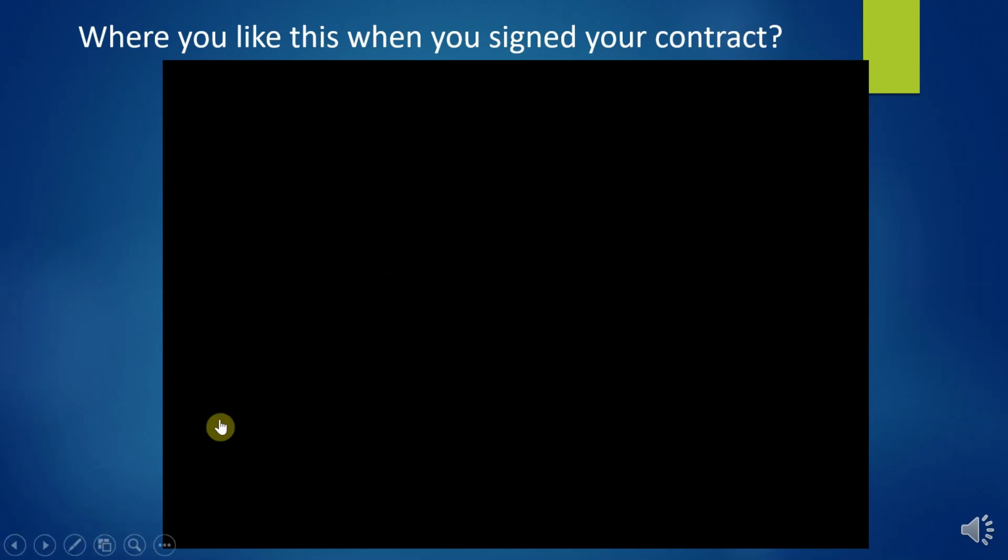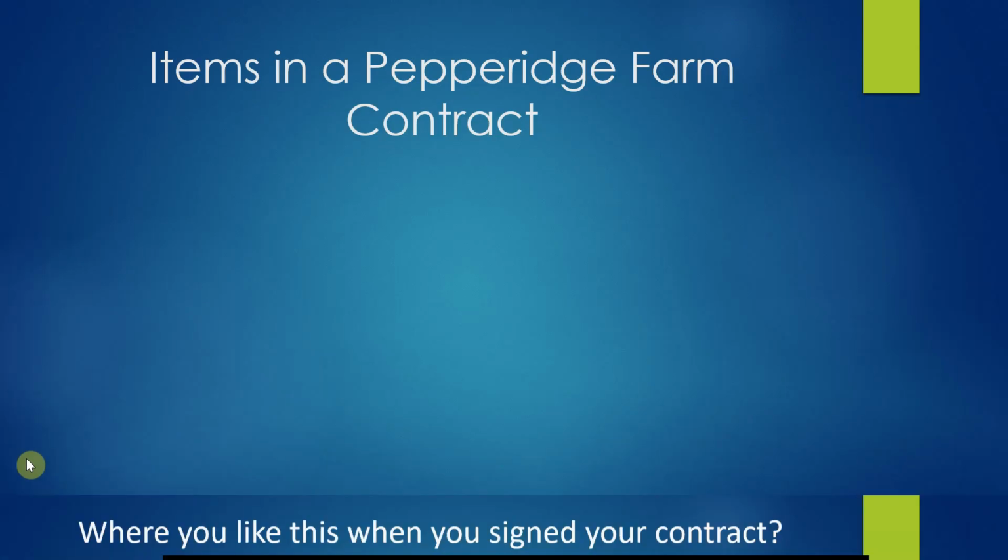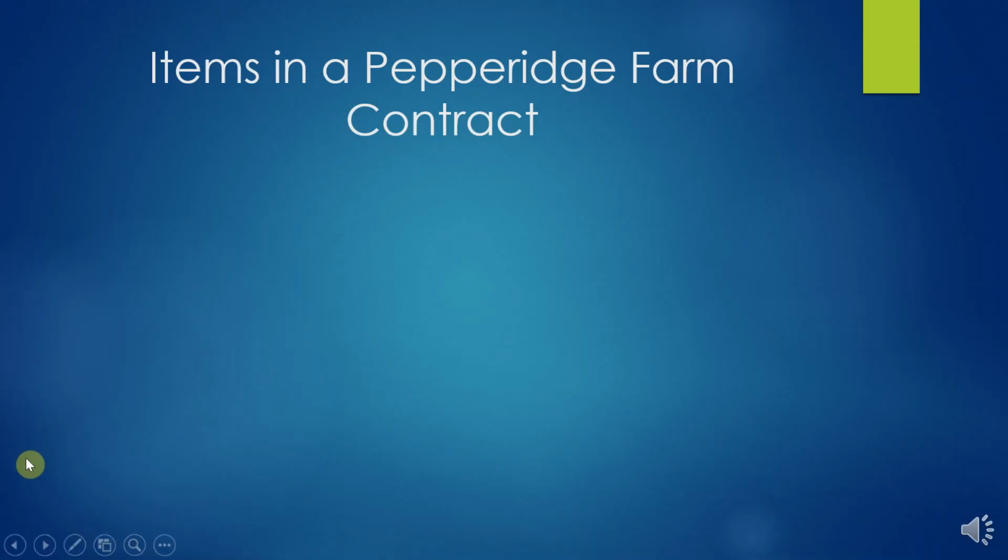A couple of questions: did you even look at your contract before you signed it? And did you have any legal counsel present when this happened? Well, let's go back to the items inside a Pepperidge Farm contract, and we'll go through these individually.